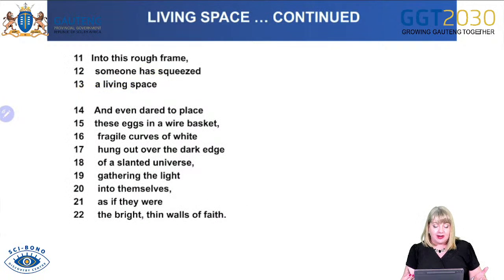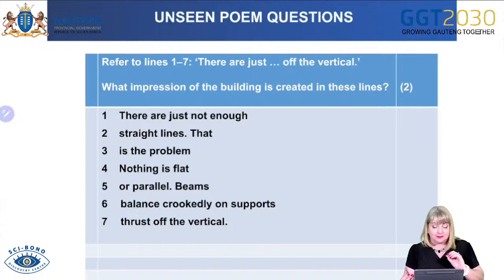Into this rough frame someone has squeezed a living space, and even dared to place these eggs in a wire basket. Fragile curves of white hung out over the dark edge of a slanted universe, gathering the light into themselves as if they were the bright, thin walls of faith.